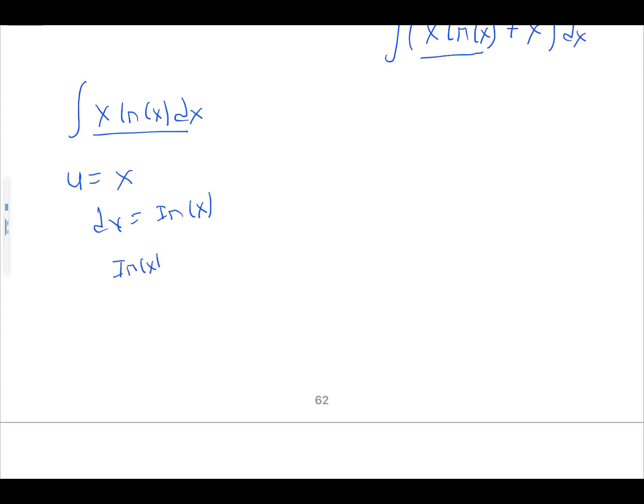We know that the differential of ln x is equal to 1 over x, but the integral of ln x is also another thing that we need to consider. It's a whole process on its own.